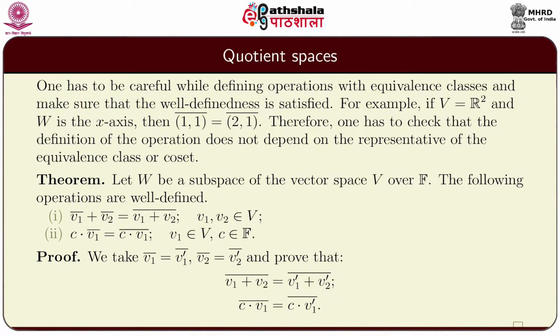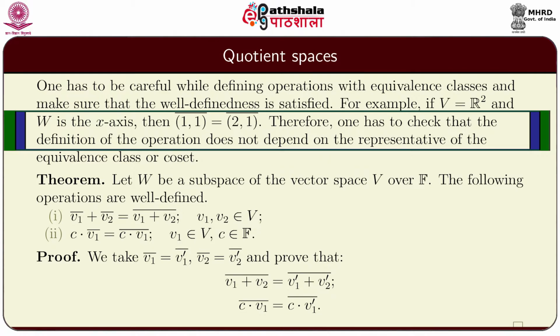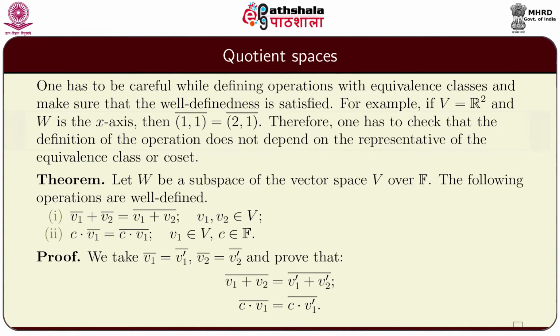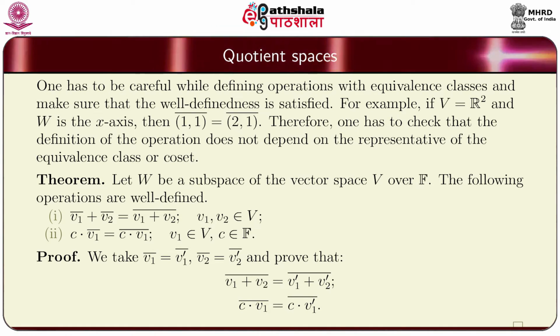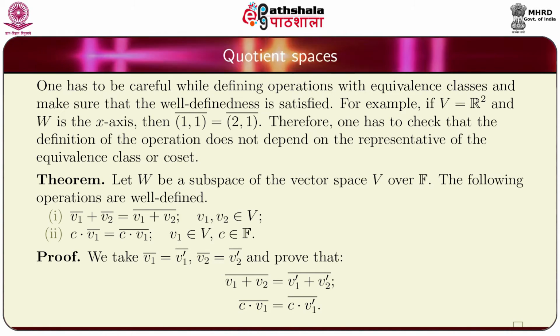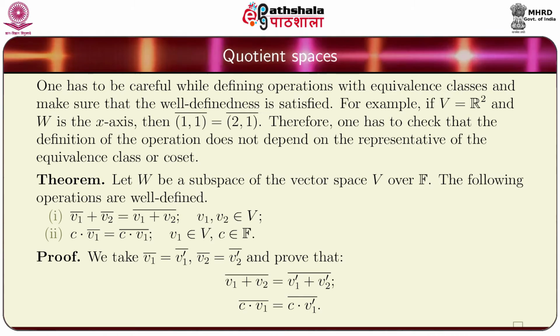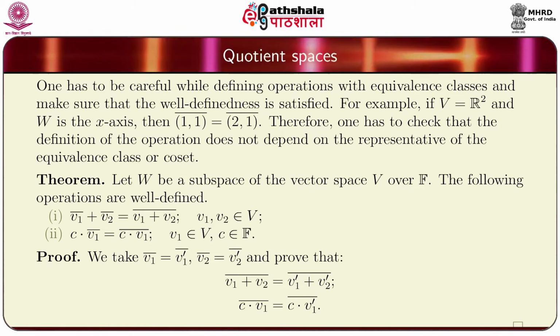For example, if V is the vector space R2 and W is the x axis, then you can see that the equivalence class of 1 comma 1 and the equivalence class of 2 comma 1 are the same. Therefore, one has to check that the definition of the operation that we define does not depend on the representative of the equivalence class or coset.